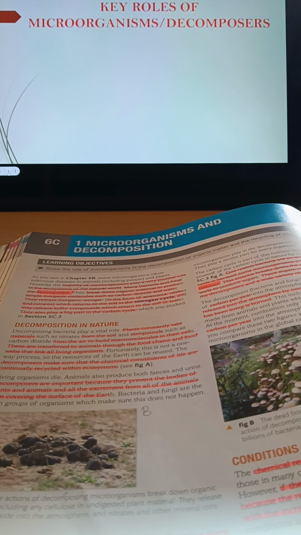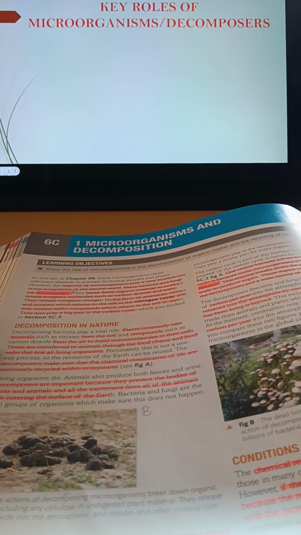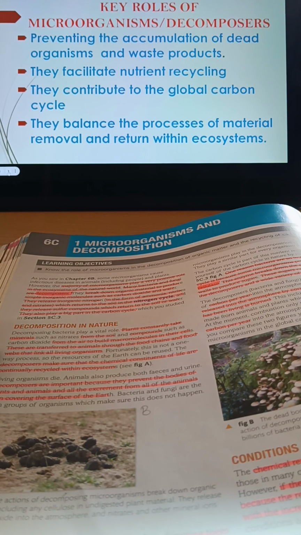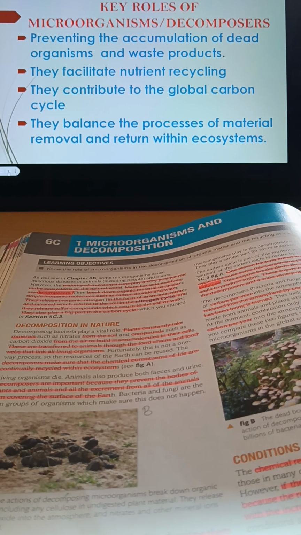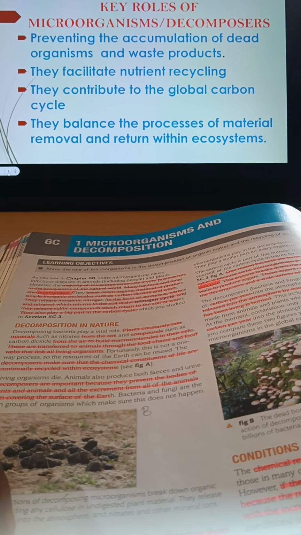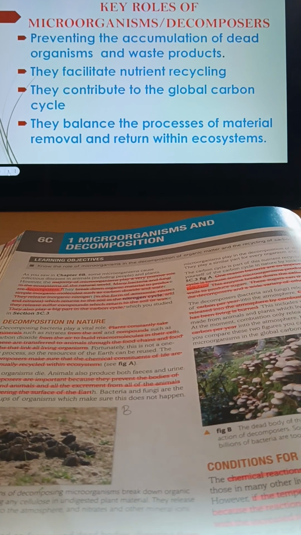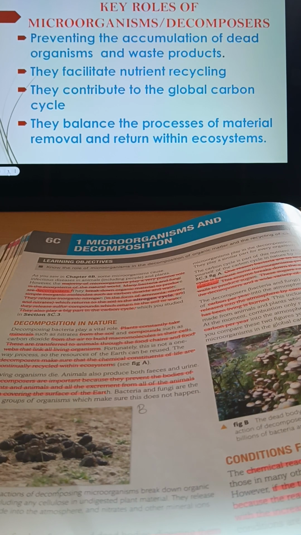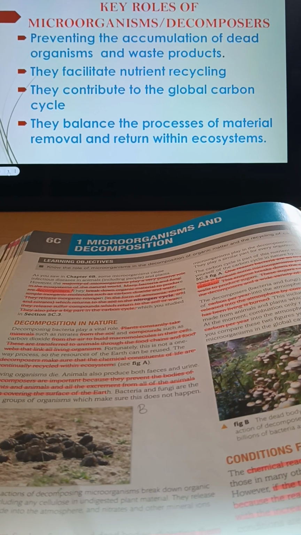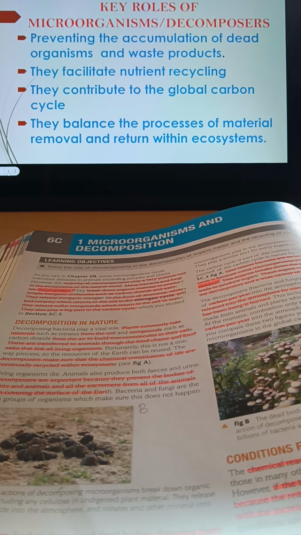Now, microorganisms play a key role, and these are some of the roles that they play. A summary here: preventing the accumulation of dead organisms and waste products. Microorganisms prevent accumulation of the dead organisms and any waste product that we release into the environment.